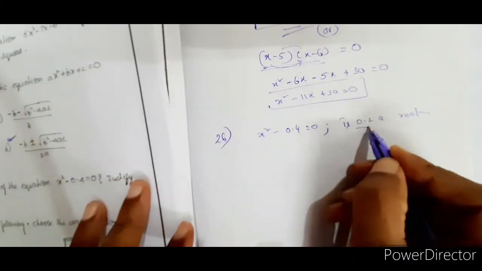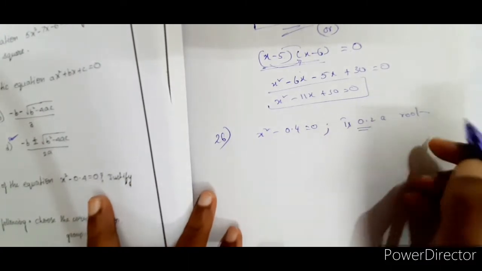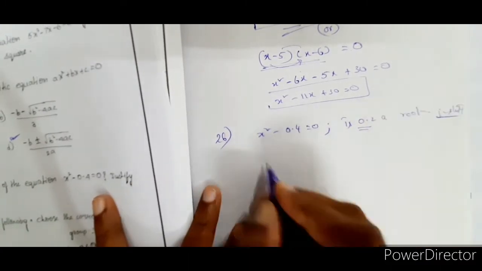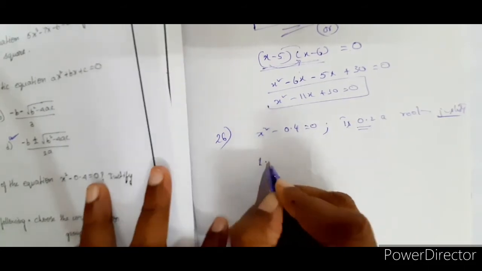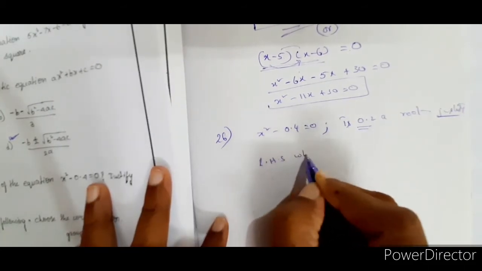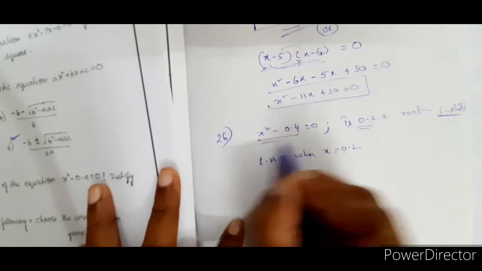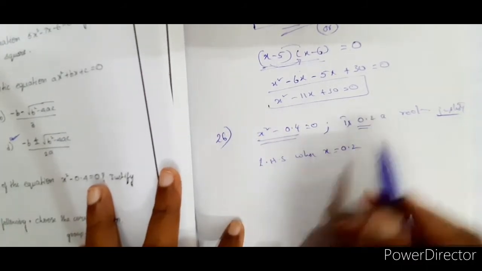Now let us substitute 0.2 and verify, because he is asking us to justify. So the LHS when x is equal to 0.2: you are taking the LHS of the equation when x is 0.2.